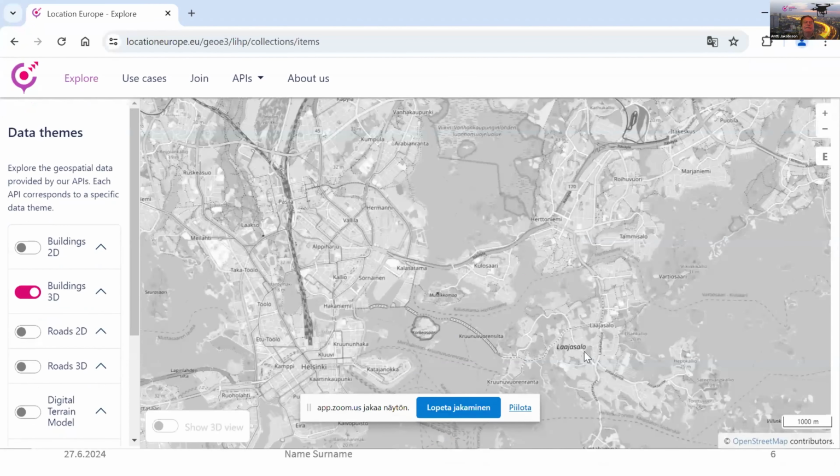And if we start zooming, we also use OpenStreetMap in the viewing possibility. So we can combine global assets with this.